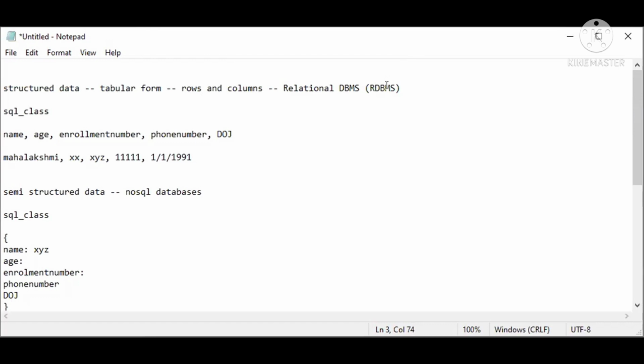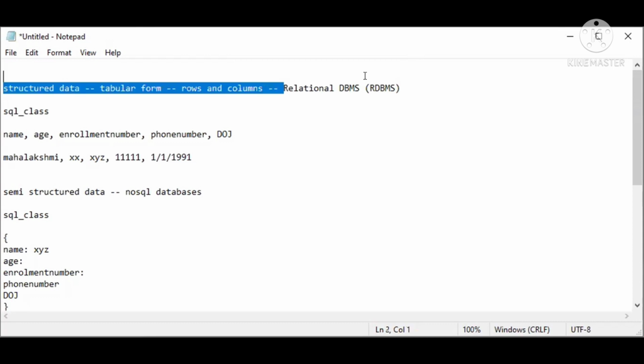We will discuss RDBMS in detail, because to read any data from or write any data into an RDBMS, we use SQL, which is our primary focus of this class. Structured data is stored in tabular format, which means we have rows and columns.